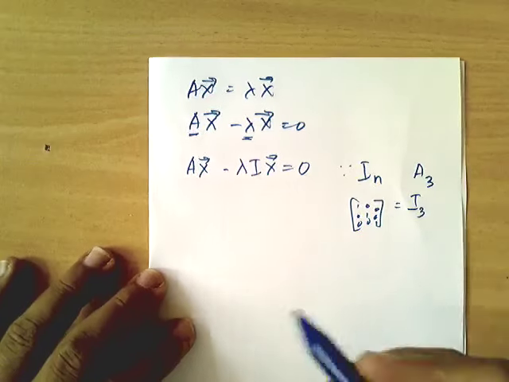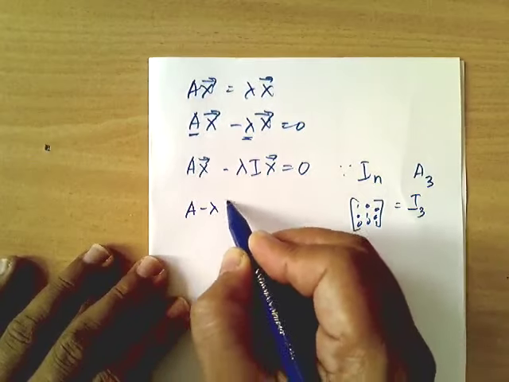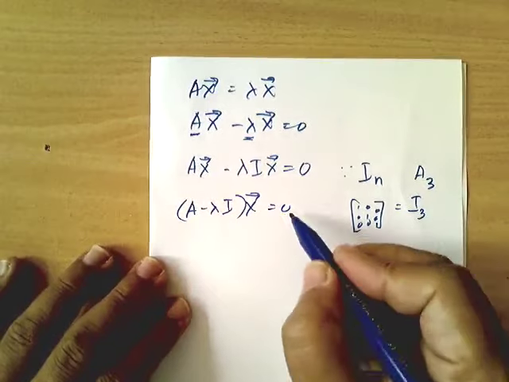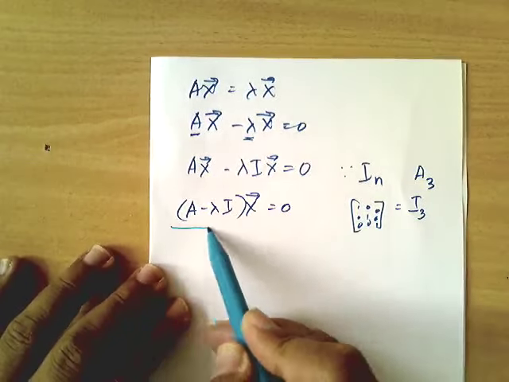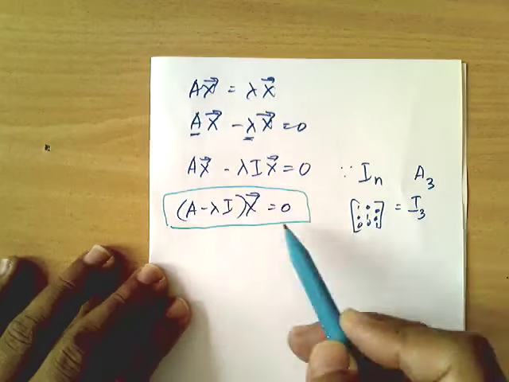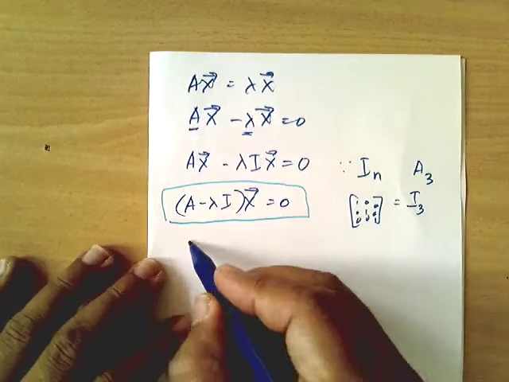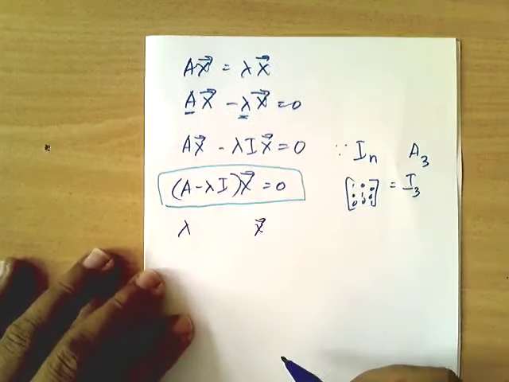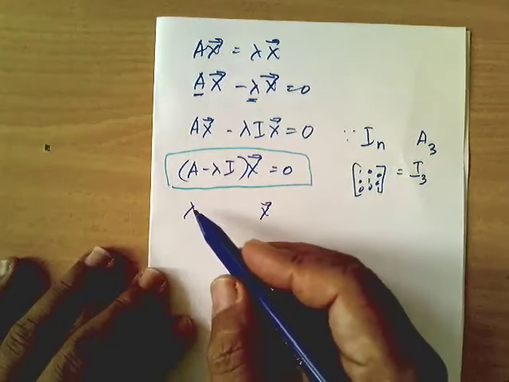Alright? By factoring out vector x, it's going to be A minus lambda I, vector x is equal to 0. Take a look that now it goes back to the concept of the null space. So how shall we find the eigenvalues and the eigenvectors of x? We need to find first the eigenvalues.